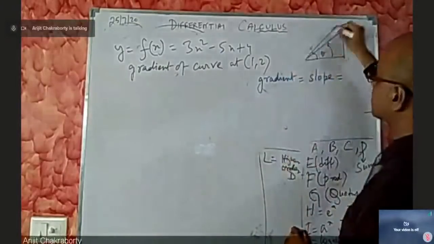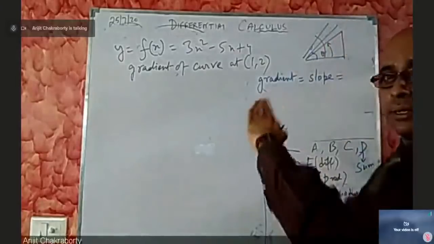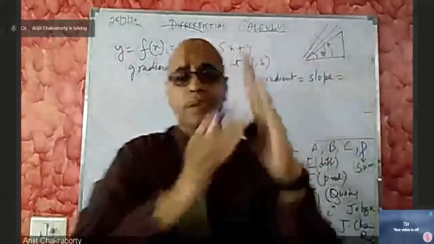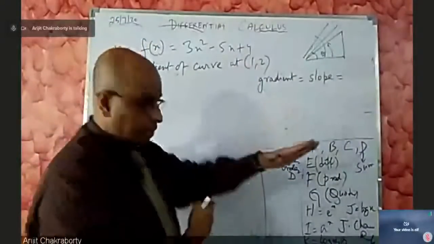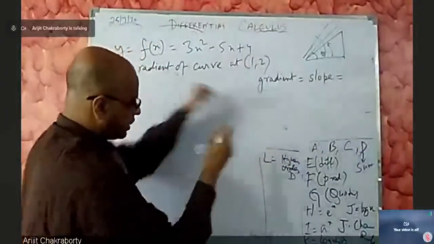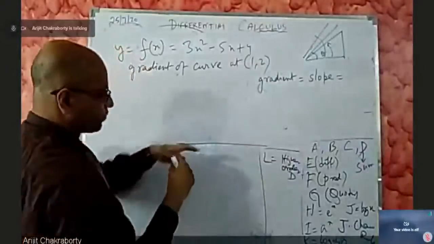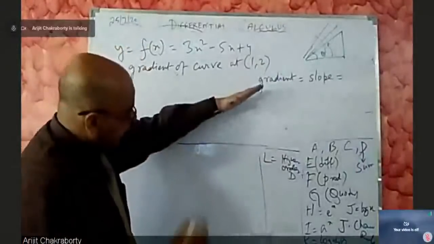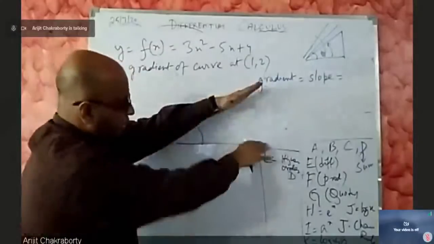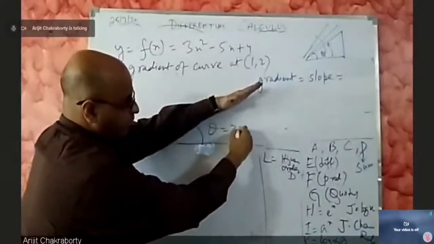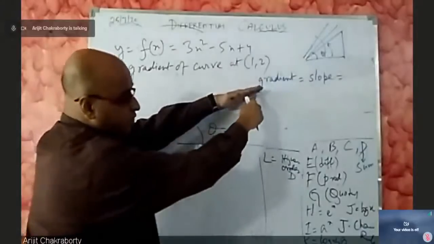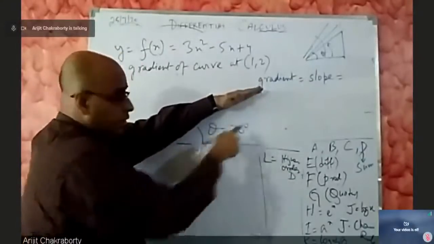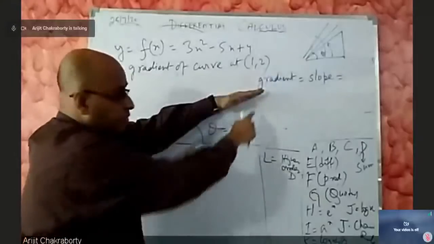As theta is increasing, the slope becomes more steep. Here, for example, say this is the vertical. I'll just draw an angle here. My arm and the vertical, say theta, 30 degree. The slope, or the gradient, is given by this.